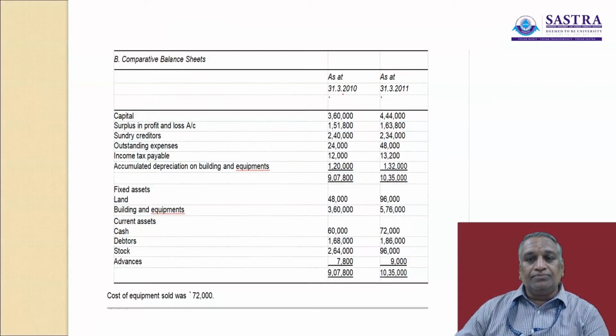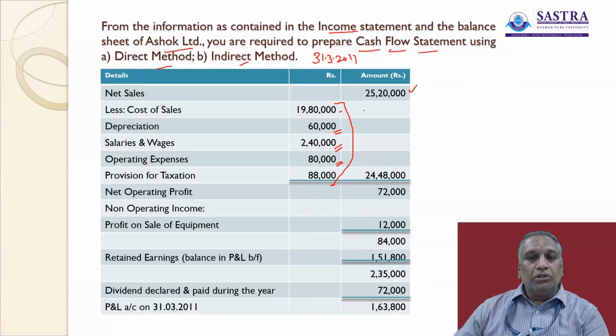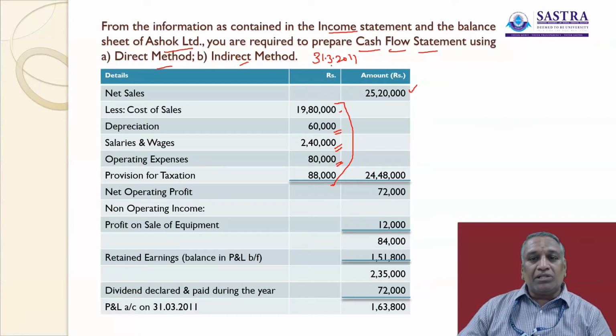And this is the opening comparative balance sheet of Ashok Limited given for the years 2010 and 2011. That is, this is your opening balance, 1st April 2010, and 31st March 2011 is given. And the income statement for the period ending 31st March 2011 is provided.